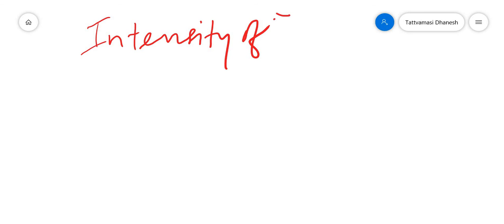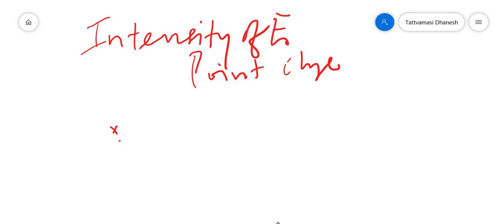You have a point charge Q here, and P is a point at a distance R from this point charge. What is the intensity of electric field at this point P? As per the definition, we have to put a unit positive test charge here and find out the force.